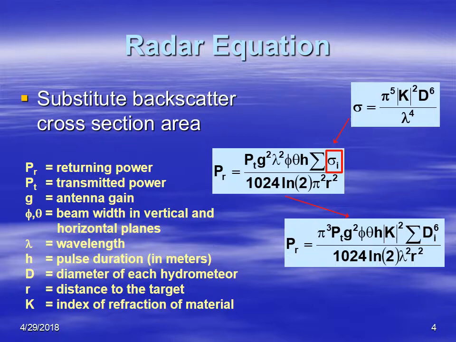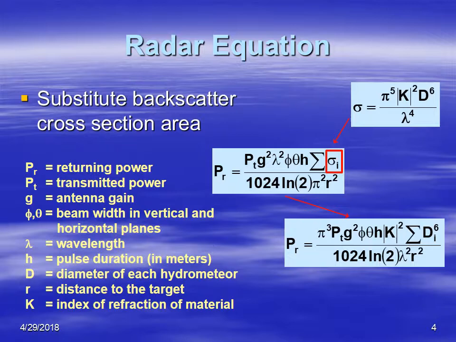So the power received by the radar is a function of a whole mess of things. It depends upon the size of the beam and the wavelength and the gain of the antenna and the power that was transmitted and the distance from the radar. And then this other thing, which is sigma. We're summing sigma, and in this case what that is, that has pi in it, of course. You see pi there.